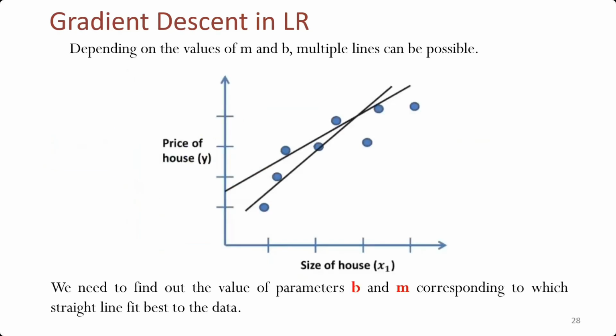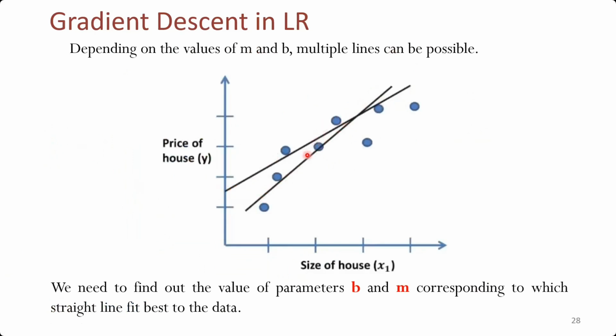Depending on the different values of m and b, we have multiple such lines. We can draw multiple possible regression lines which can pass through the points.